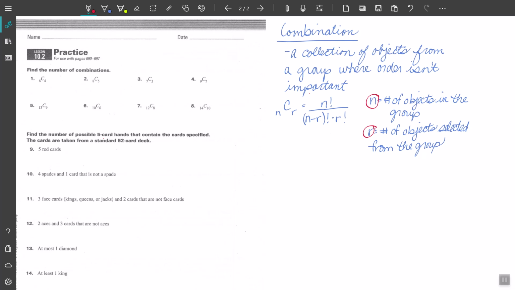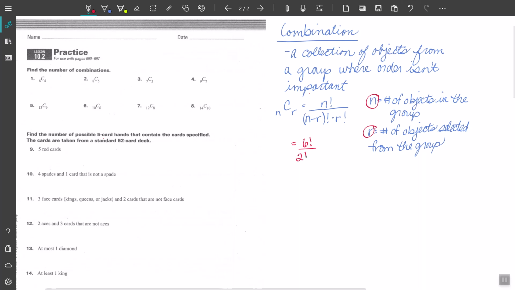So if we try to apply that to number 1 over here, we can see that we have an n value of 6 and an r value of 4. So I'm going to plug those numbers into my formula over here. n is 6, so 6 factorial, then I'm going to subtract the n and the r. 6 minus 4 is 2, and then from there I'm going to take the factorial of that.